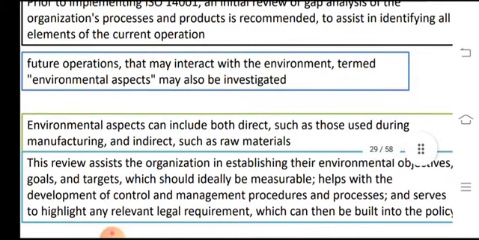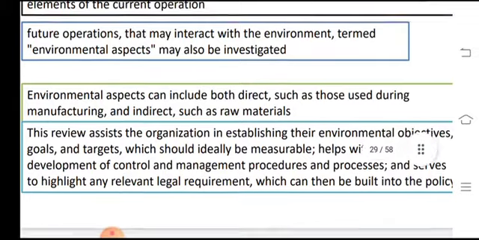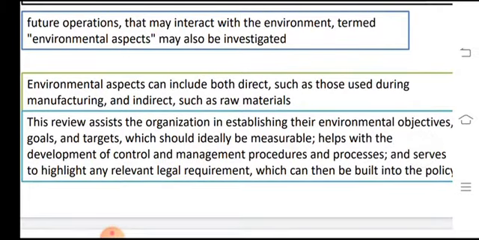Future operations that may interact with the environment must be considered and investigated. Environmental aspects can include both direct ones, such as those used during manufacturing, and indirect ones, such as raw materials. This review assists the organization in establishing its environmental objectives, goals, and targets.